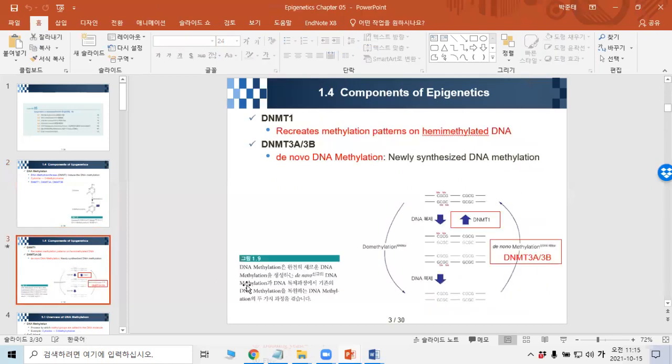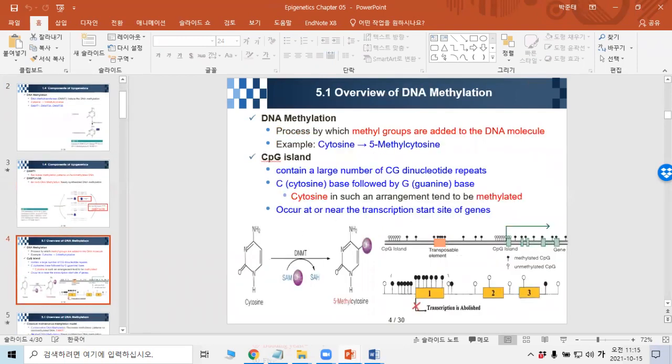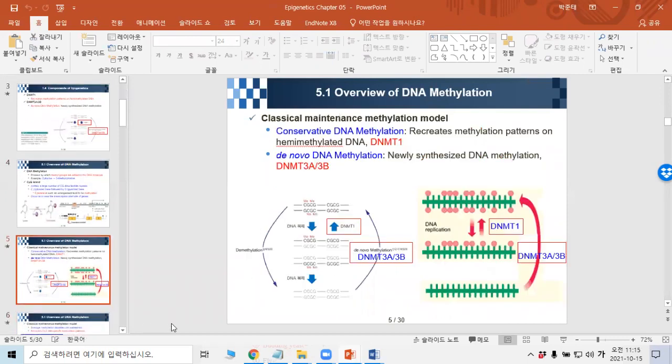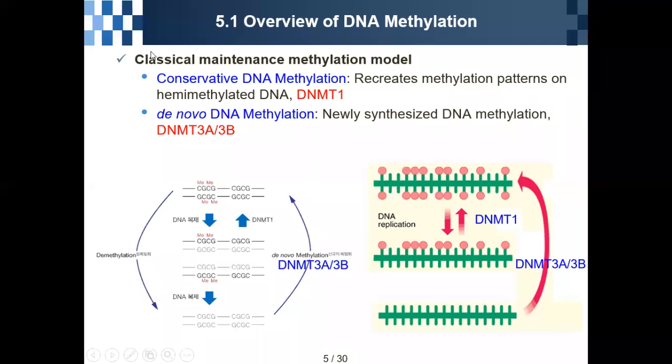Okay, so there are 2 mechanisms. One is by DNMT1, the other one is by DNMT3A and 3B. So this is the conservative DNA methylation.